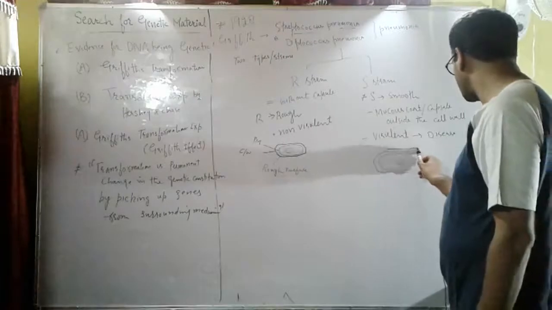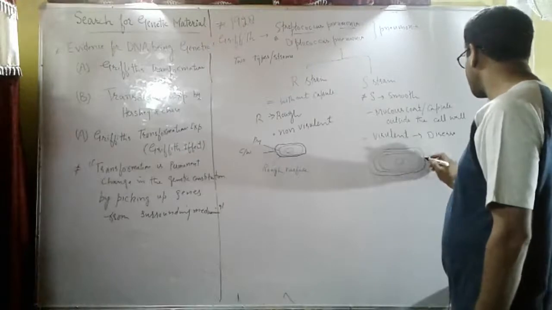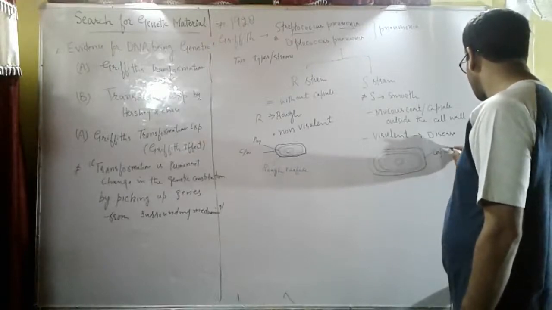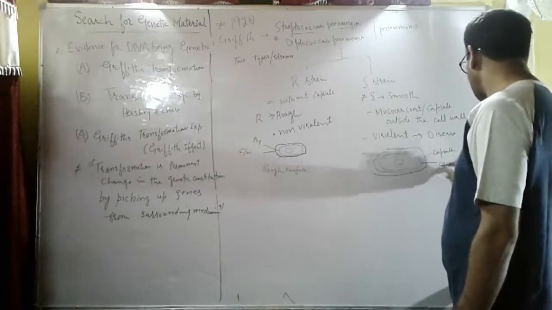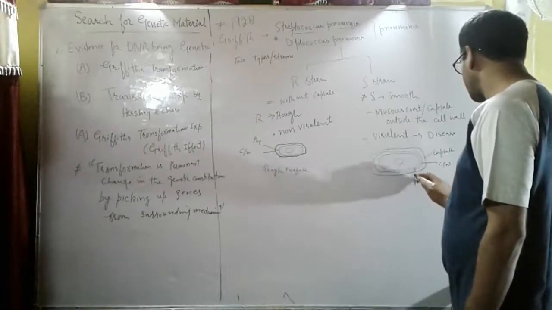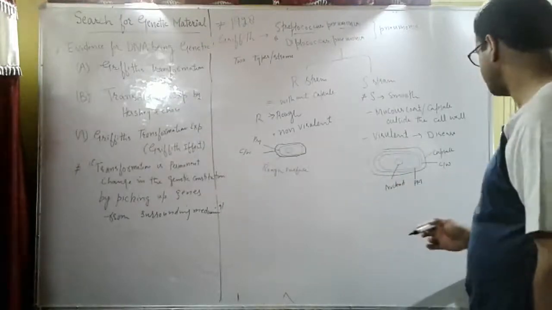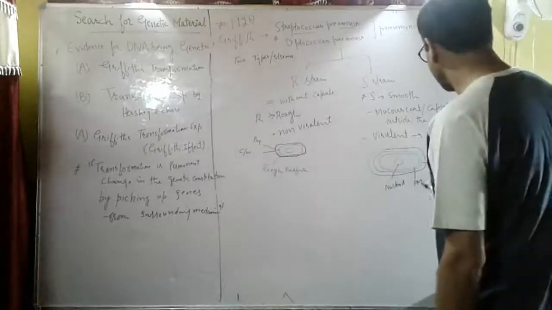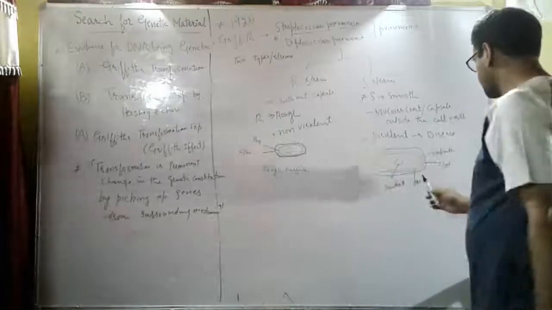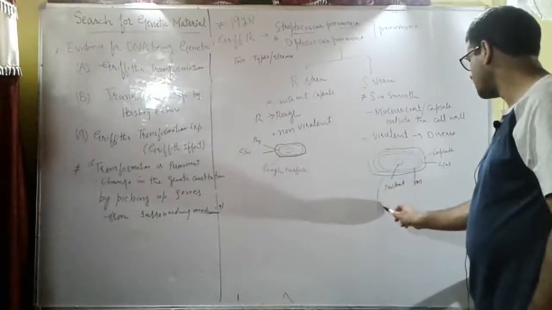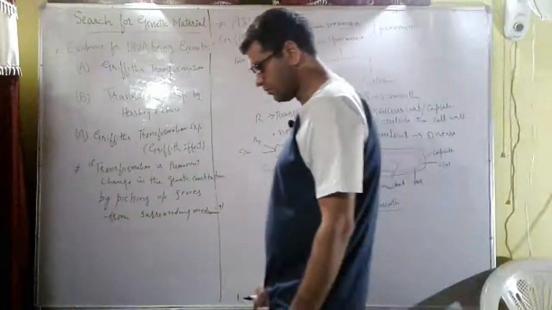So this is the capsule, this is the cell wall, and this is the plasma membrane. This is the nucleoid, genetic material of the bacterium. Obviously the surface of this bacterium is smooth. That is why it is called S type of Streptococcus pneumoniae.